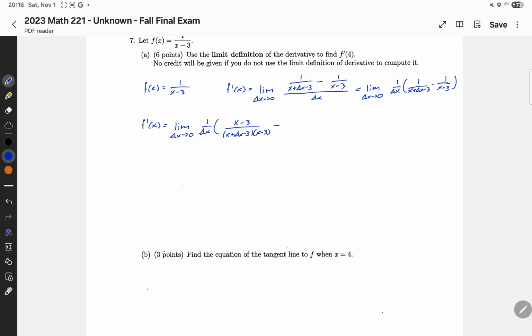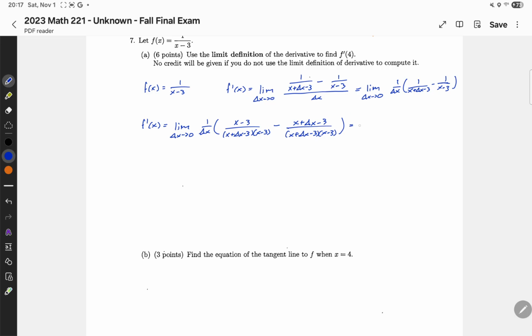And then we're going to subtract from this the second term, which we're going to multiply by the bigger term with the delta x. We'll have x plus delta x minus 3 all over x plus delta x minus 3 times x minus 3. Just like that, perfect.